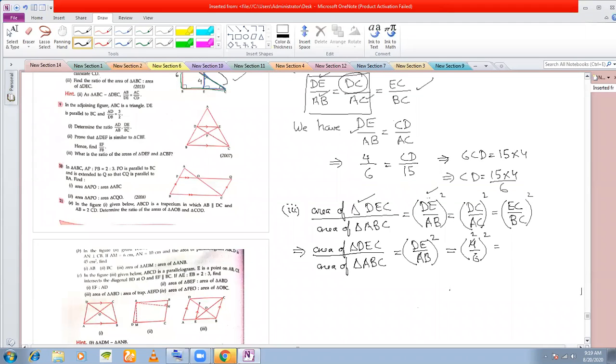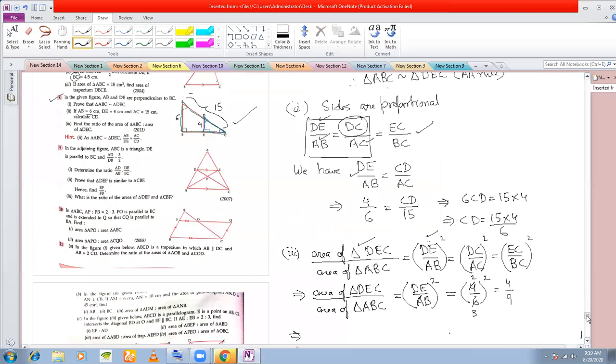This cancels, 4 by 9. So the ratio of area of DEC to area of ABC is 4:9.